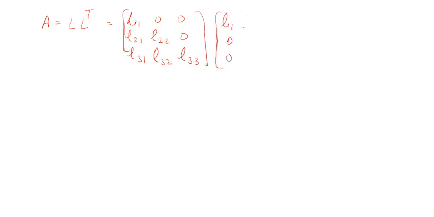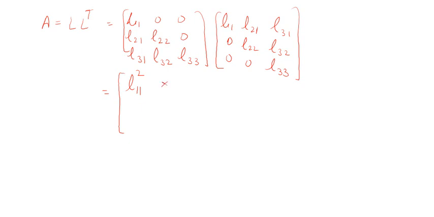That is L11 0 0, L21 L22 0, L31 L32 L33. Once you multiply, in the right side, I am only concerned right now with the diagonal entries. When you multiply the first row with the first column, you get L11 square, plus other entries which are 0.